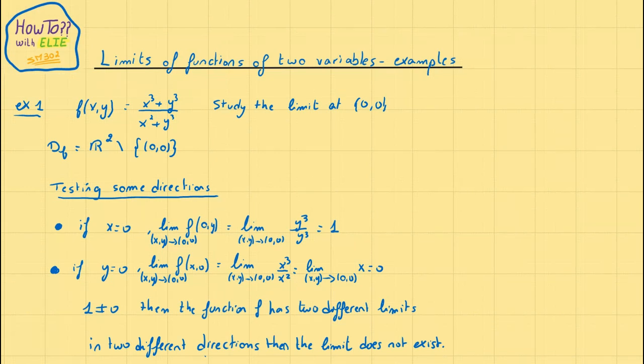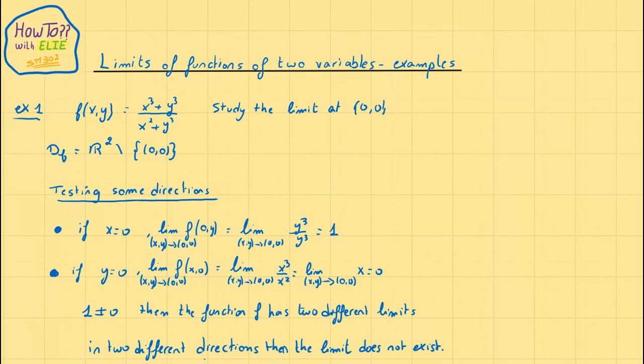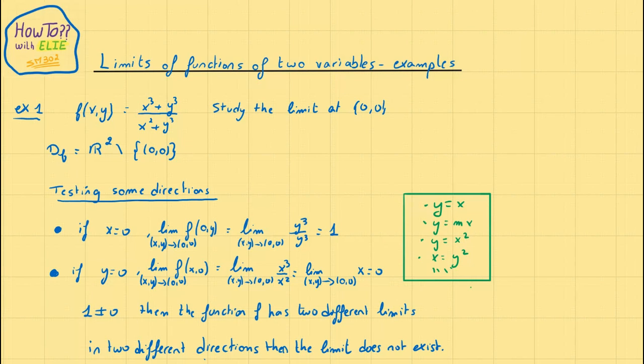It depends, of course, on the function we have, but we can test other directions like y equals x, or y equals mx for other functions. If you put y equals mx, and your limit depends on m in the expression of the function when you replace y by mx, then the limit will change with m, so you will have different limits in different directions.